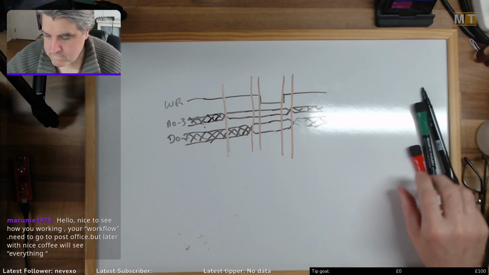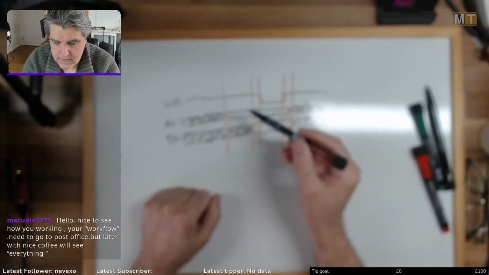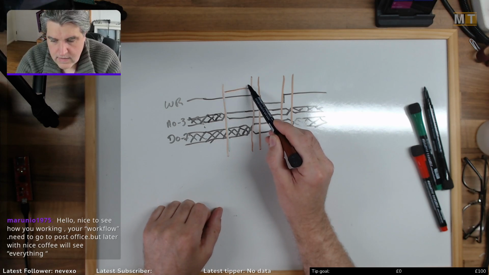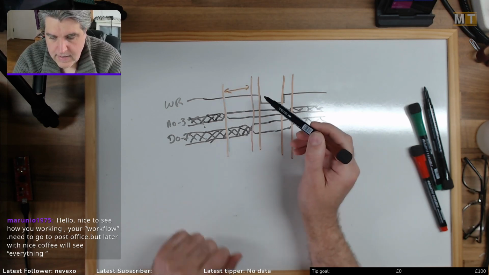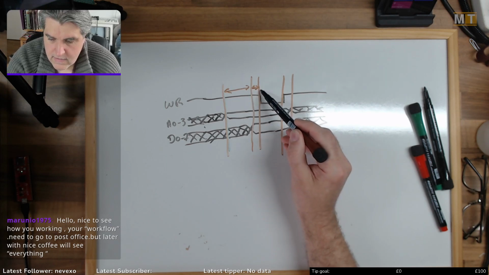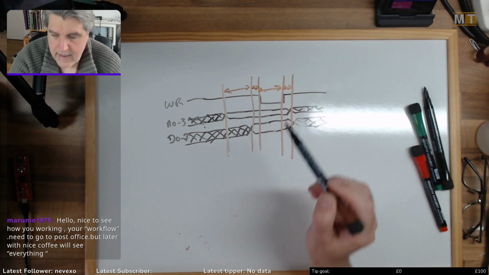So we have various delays we can look at. We've got the data setup delay, the write delay, the write length, and the post delay.